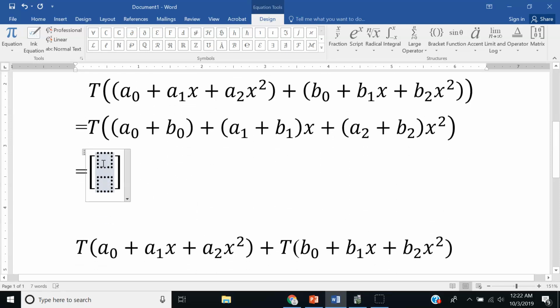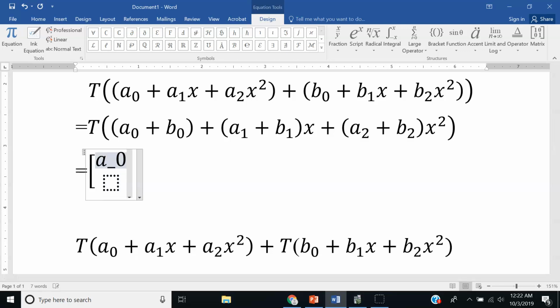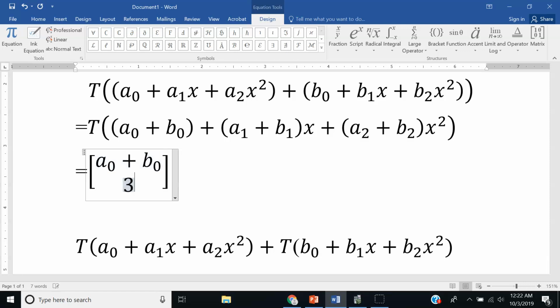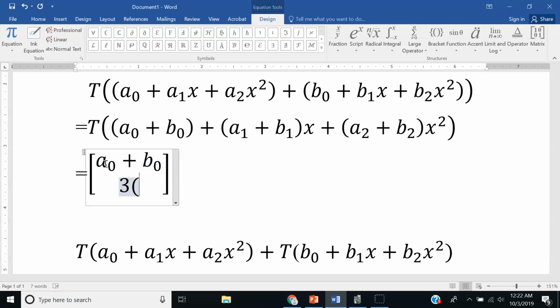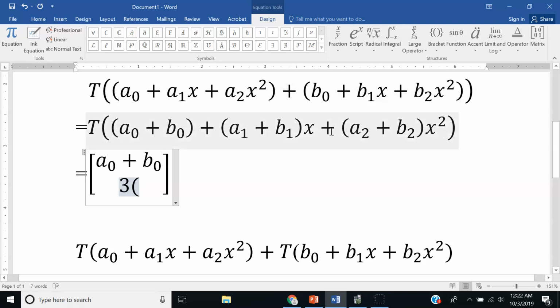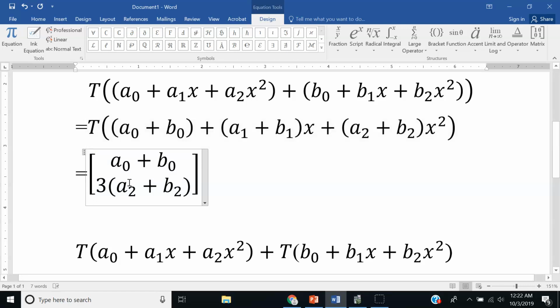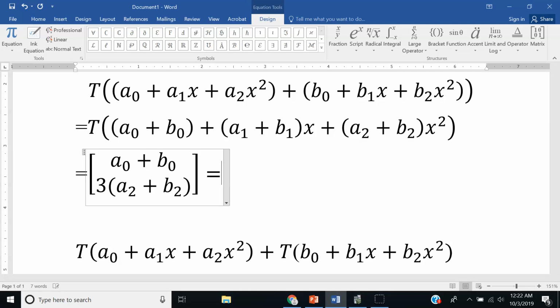So in the first spot, it's going to give me a0 plus b0. In the second spot, it's going to give me 3 times the coefficient of x squared. That's going to be a2 plus b2.